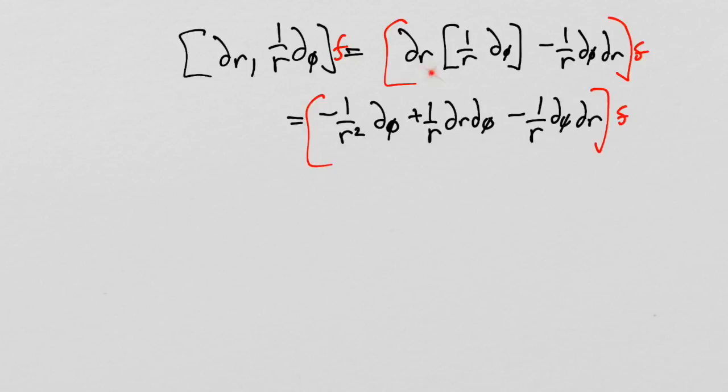If we expand this, we take the partial r against 1 over r, and get minus 1 over r squared partial phi, and then we're left with 1 over r partial phi, and then minus 1 over r partial phi partial r. But these two commute, right? Partial derivatives commute. So these two cancel. I guess I better cancel them in blue. So those two cancel, but what's left over is not equal to 0, right? It's not equal to 0.